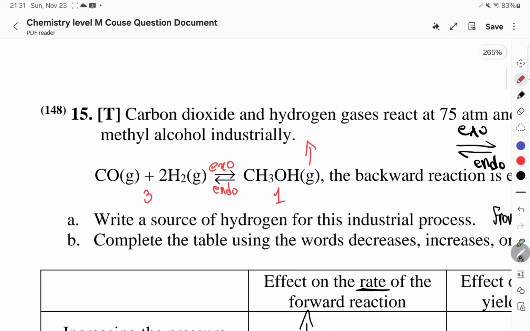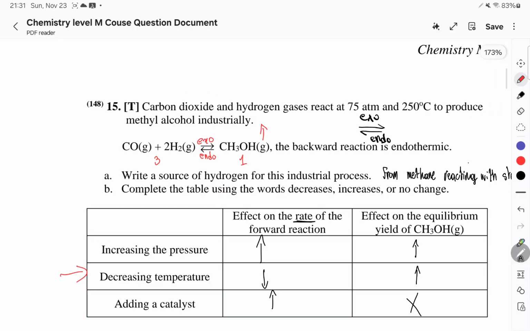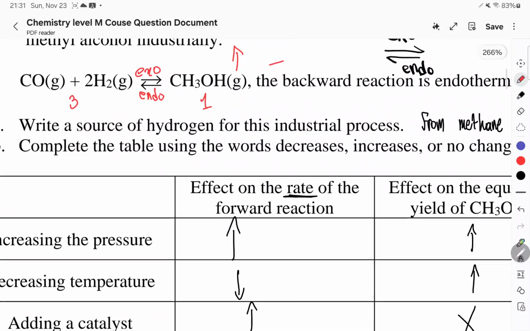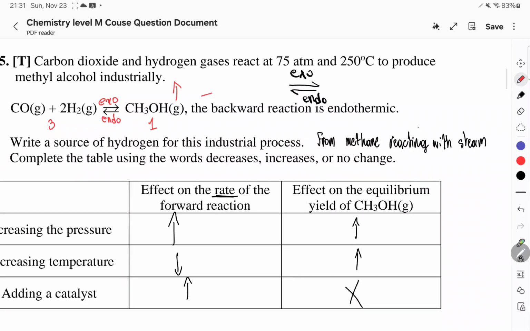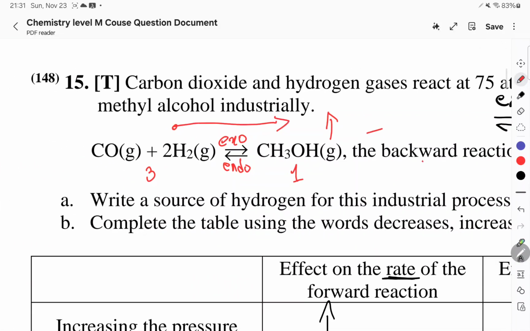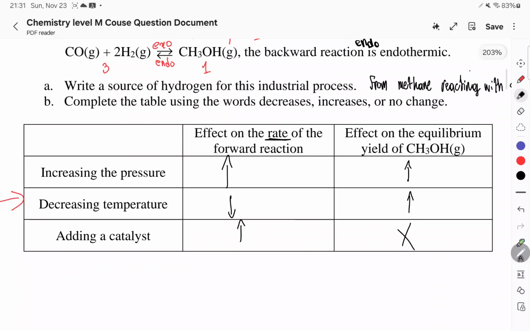It shifts from left to right, which is forward. So the effect on the forward rate of reaction is that it increases. The effect on the equilibrium yield of CH3OH is that it increases since it's going from left to right. So therefore CH3OH is increasing.